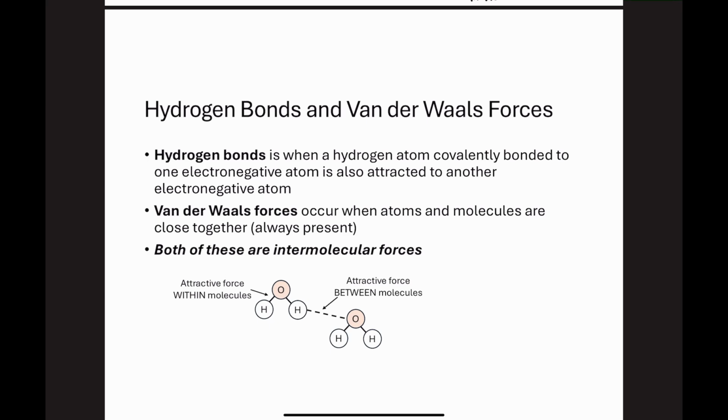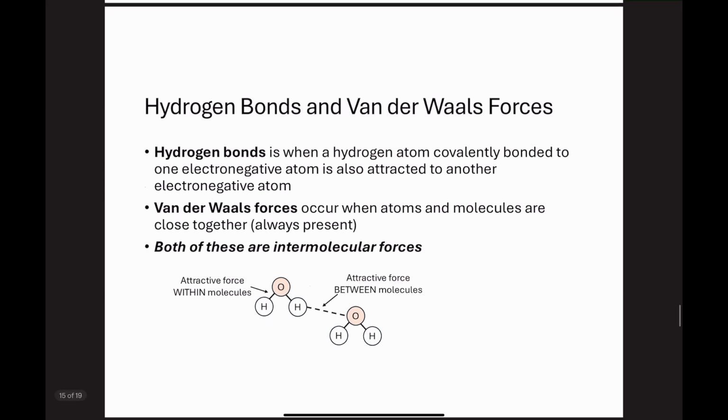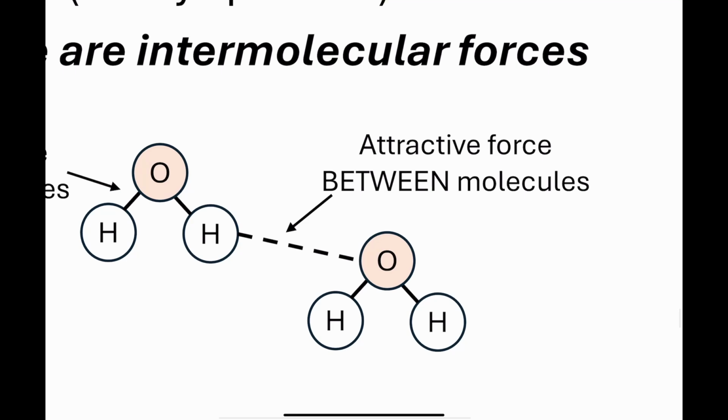What this means is that we have this hydrogen atom right here, and it's attracted to this more electronegative oxygen. Because there are other water molecules floating around, this hydrogen atom that's already attached to this oxygen is going to have an attraction to this oxygen, which is found on a different molecule.